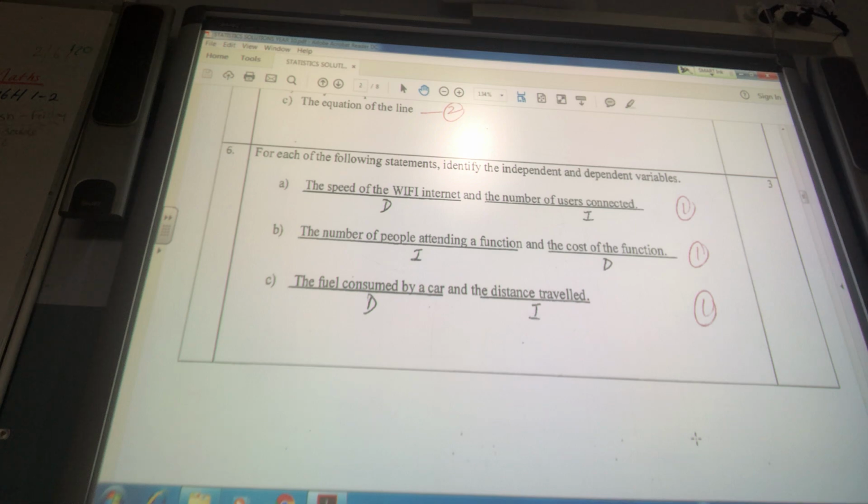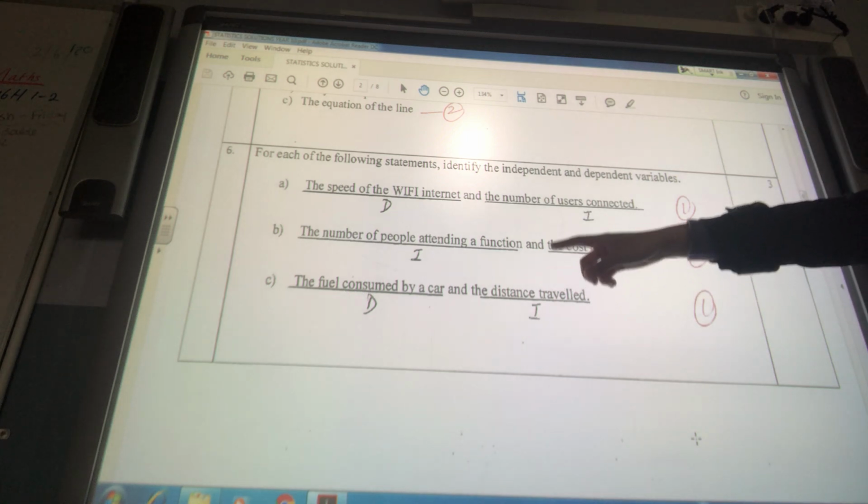The last one, the fuel consumed by a car and the distance travelled. So are you thinking the fuel, how much fuel you use, determines how far you can go? Because if that's the case, you would think the fuel consumed is independent.